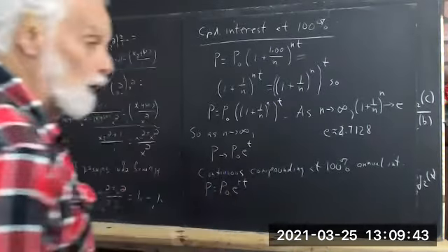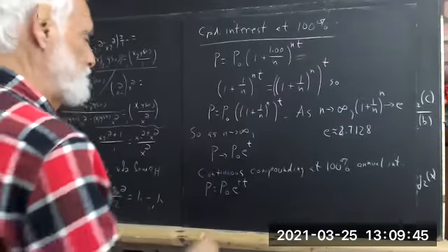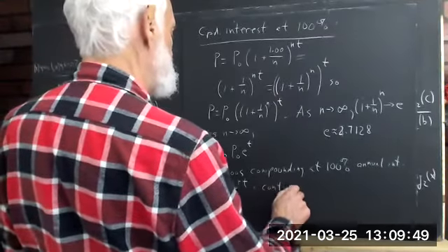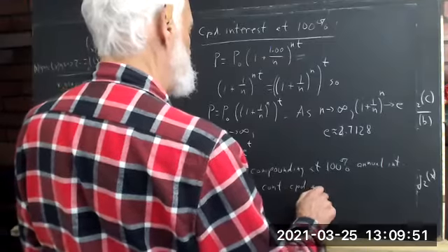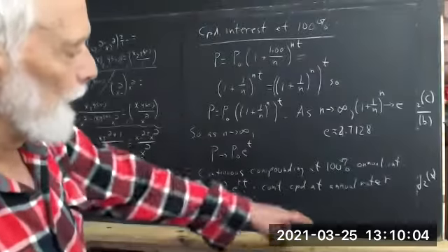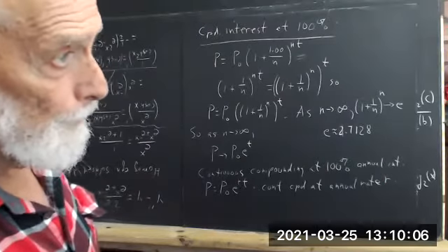P naught e to the RT is continuous compounding at annual rate R.